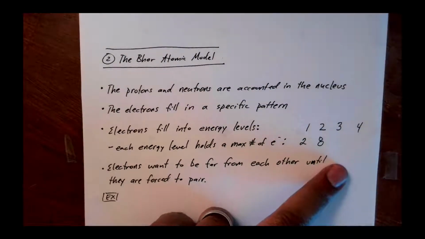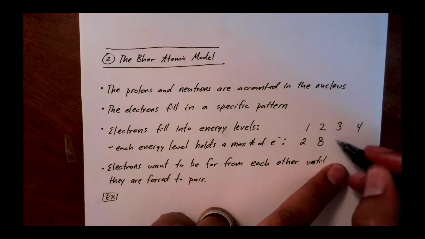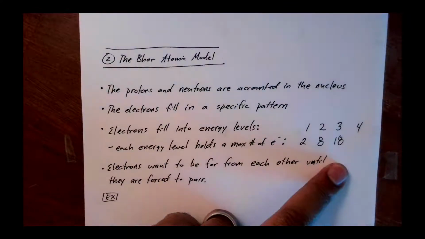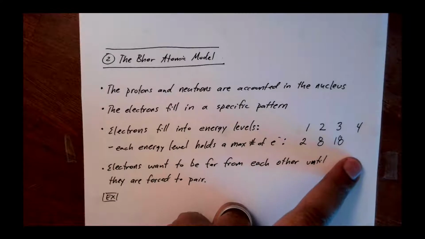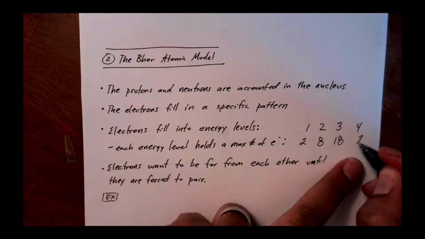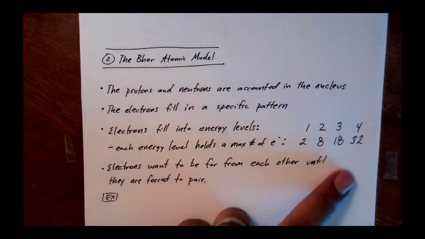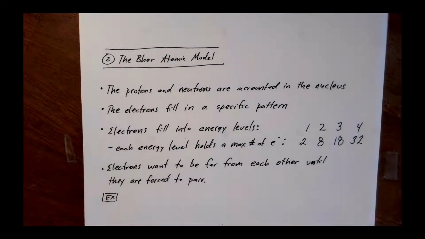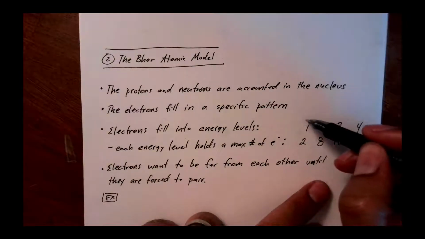The third energy level can hold a maximum of 18 electrons, plus 10. And then the fourth energy level, which would be plus 14, can hold a maximum of 32 electrons. So the first one can only hold 2. The second one adds a new orbital, which is called the p orbital, and that holds 6. We'll get into it. Let me not stress you out about those details.